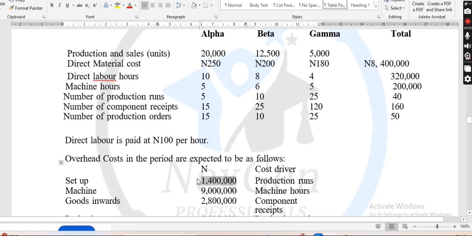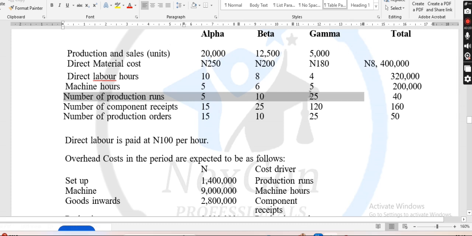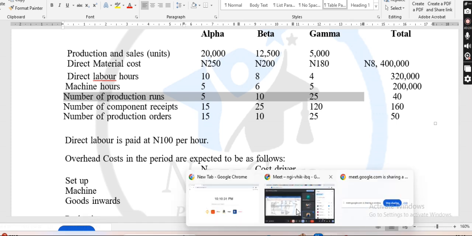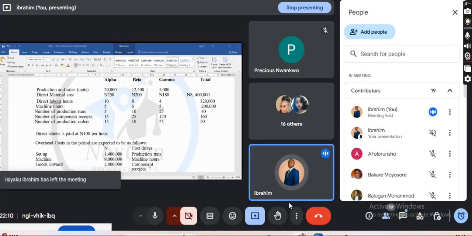Cool. The production runs, you check the drivers, right? You come back to this place and you can see the numbers of production runs: 5, 10, 25. Sometimes they may be wicked, as it is in ACCA.